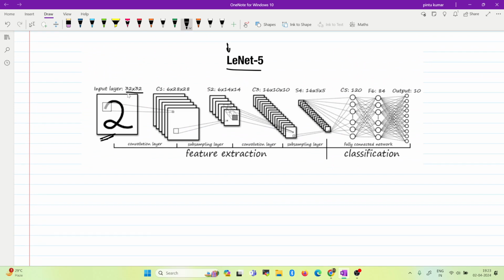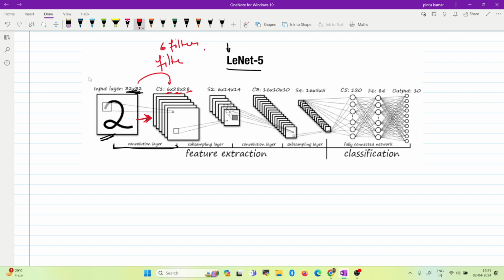On the image of size 32 cross 32, this is the convolution layer from here to here. There have been 6 different filters, because this is 6 cross 28 cross 28. So they have used 6 filters. Can you guess the size of your filter?